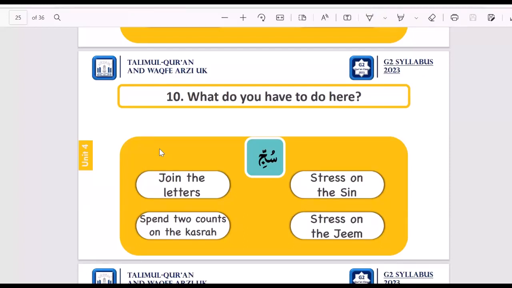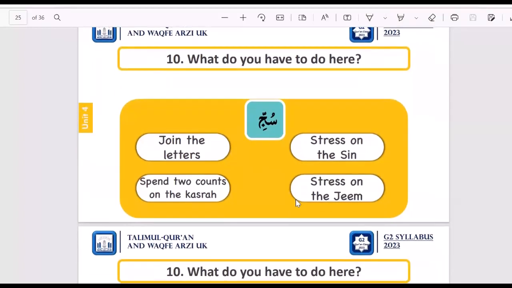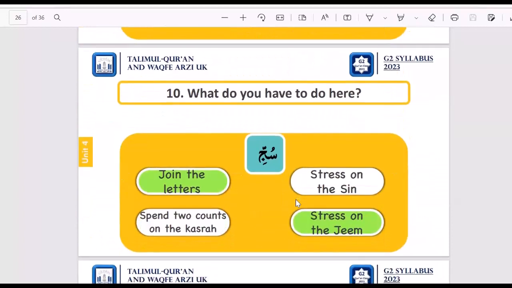Majority of the students have said join the letters, and then the second most answers are for stress on the jim. Well done. These are the 2 correct answers. So when you read it, suji, you join both the letters, sin and jim, and you put stress on the letter jim because it is carrying a tashdid or shadda.